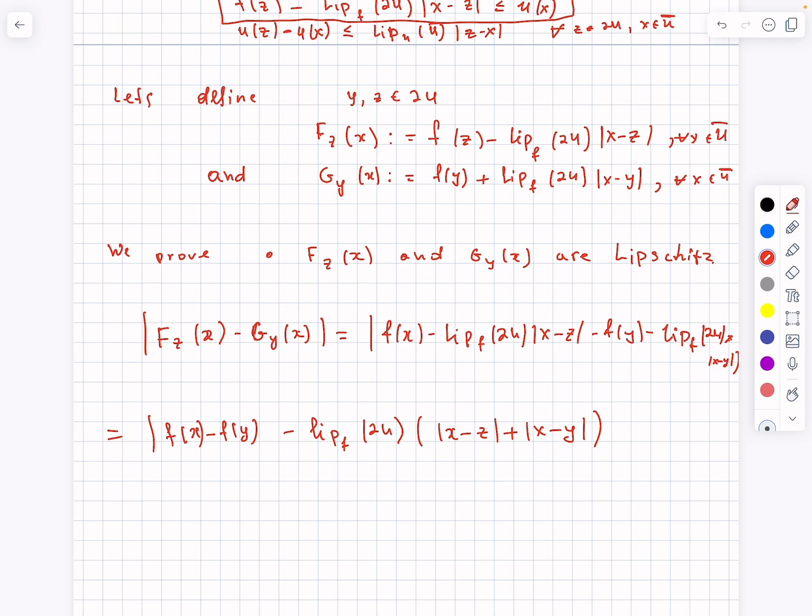Sorry, here was f(z), and here also f(z). Here we are taking two different points, therefore I take not x, but x prime here, like this.